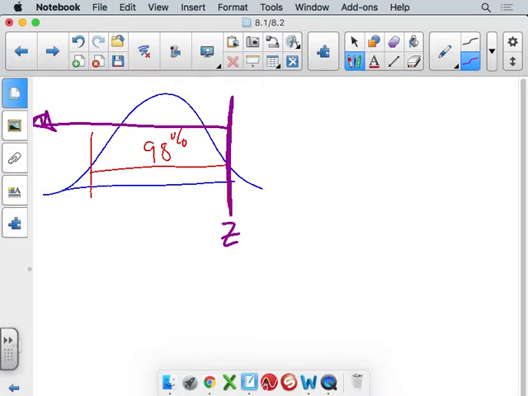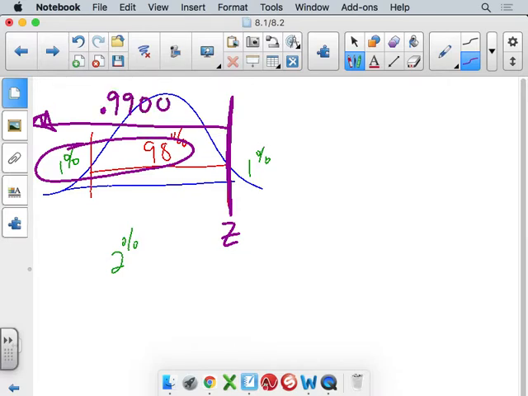And 98% means there's 2% left over on the edges, so that means 1% and 1%. So we're actually looking for the value of 99%, 0.9900, the value closest to 99% less than on our table.